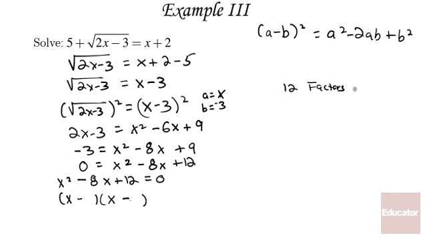I have 1 and 12, I have 2 and 6, and I have 3 and 4. And I need ones that sum up to negative 8. Well, minus 1 and minus 12, that's going to be negative 13. Minus 2 plus minus 6, that's going to be negative 8. So negative 2 times negative 6 is 12, and negative 2 plus negative 6 is negative 8. So I know I factored correctly.